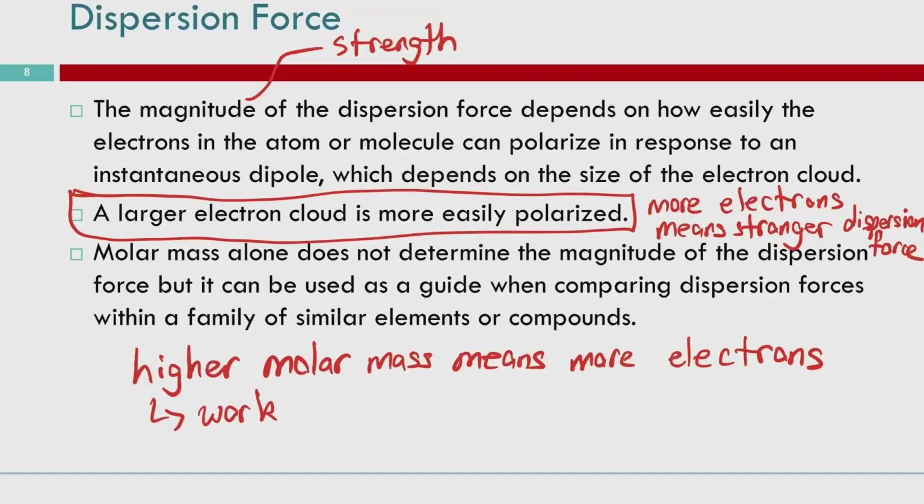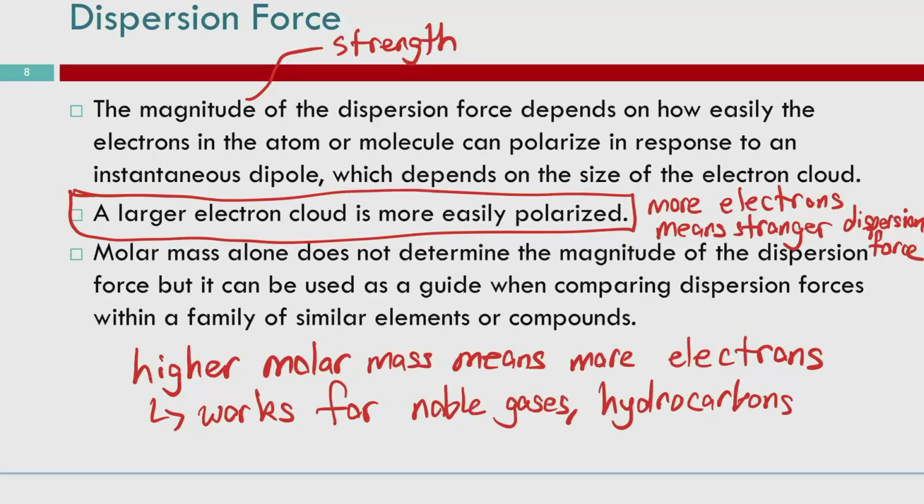So this comparison works for things like noble gases and hydrocarbons, things that are just hydrogen and carbon, like CH4 or C2H6.